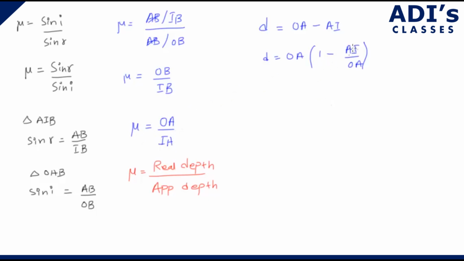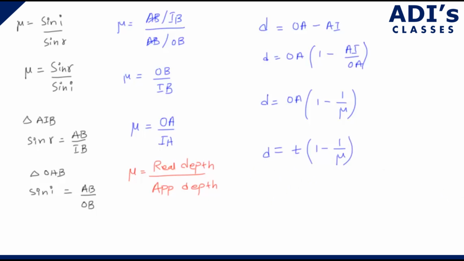OA by AI is mu, so this becomes 1 by mu. So we have D equal to OA into 1 minus 1 divided by mu. Now OA is the real depth, so let's call this some value T. So D is equal to T into 1 minus 1 by mu.